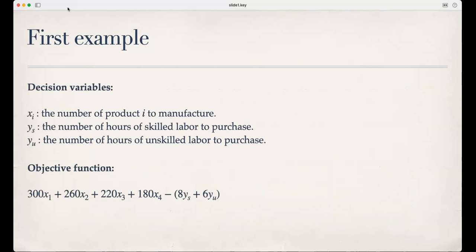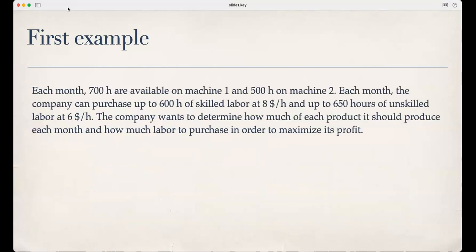It's clear, right? When we have this variable, the company wants to determine how much of each product it should produce each month. So we solve the problem in order to find the x1, x2, x3, x4, right?